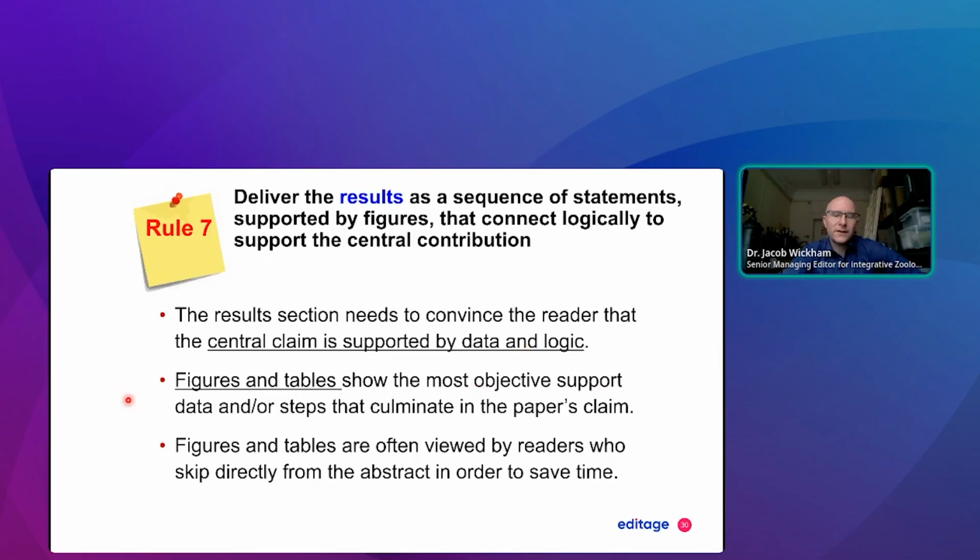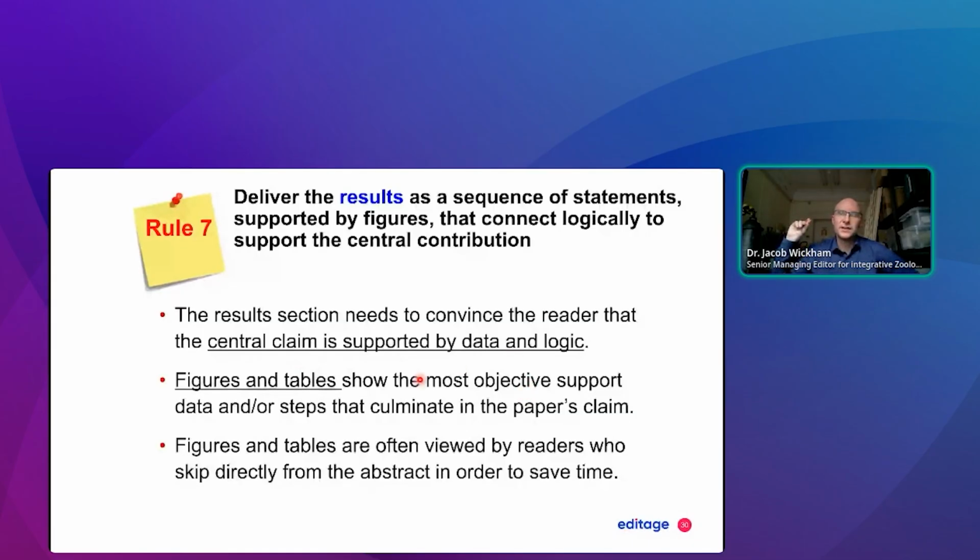Another rule that everyone should follow in writing your scientific manuscripts, you want to deliver your results as a sequence of statements. And the results section should be dominated by tables and figures. So here you want to convince the reader of your central claim in your paper, and that it is supported by data and also logical reasoning.